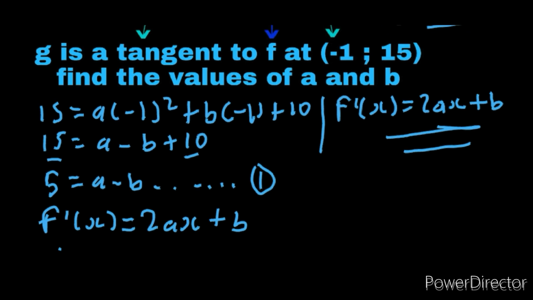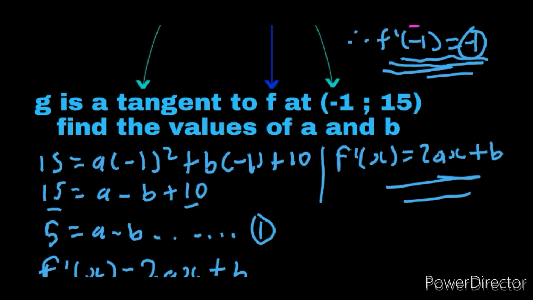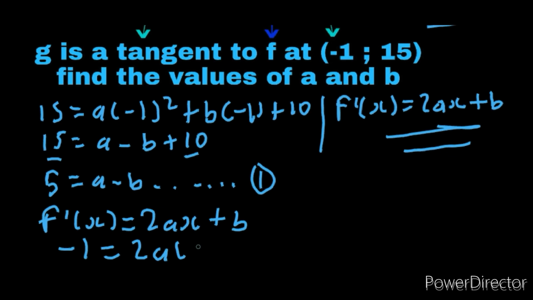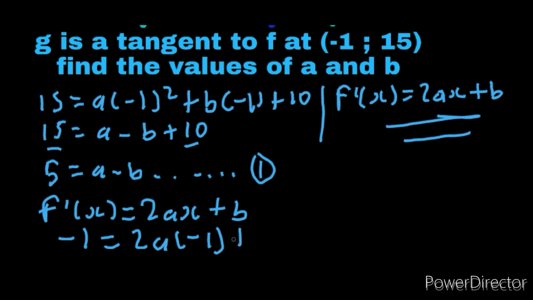So therefore we can say minus 1 is equals to 2a, and the x value was just the same as the derivative, it was minus 1. So we're going to have minus 1 plus b. So then this is going to end up being minus 1 is equals to minus 2a plus b. So we've created our second equation.